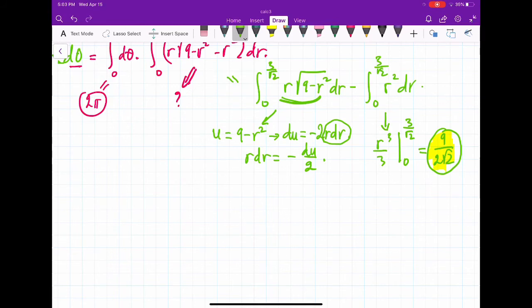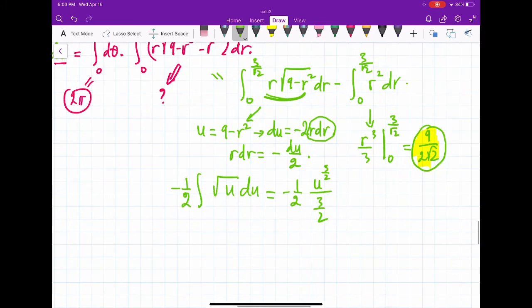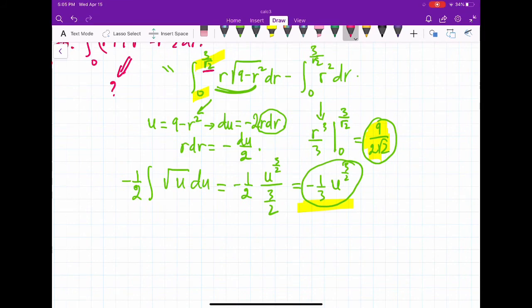So I have negative 1/2 integral of square root of u du, and that is negative 1/2 u to 3/2 divided by 3/2, which is equal to negative 1/3 u to 3/2. At the end, we need to plug the substitution back here. I get negative 1/3 times (9 minus r squared) to the 3/2, right?